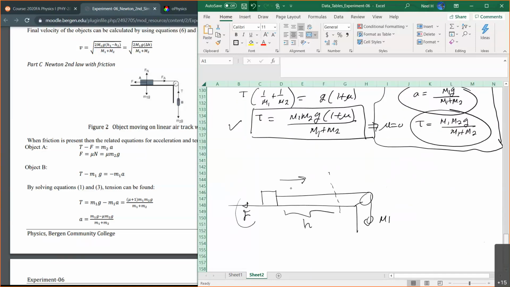Now this friction force does work against the motion. If a force does work opposite to the motion, that work done is going to be negative. So that means the friction force will get rid of a certain amount of energy.